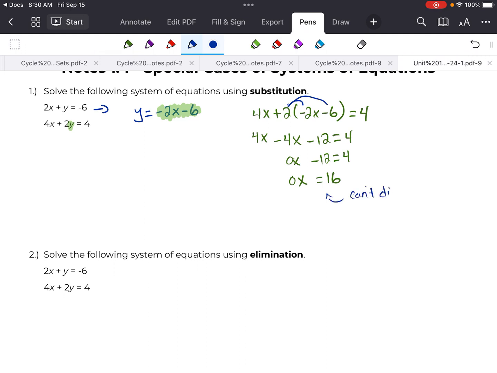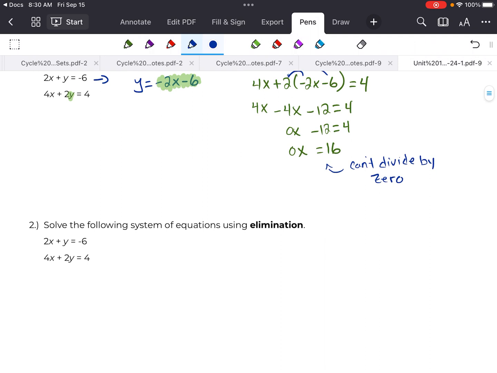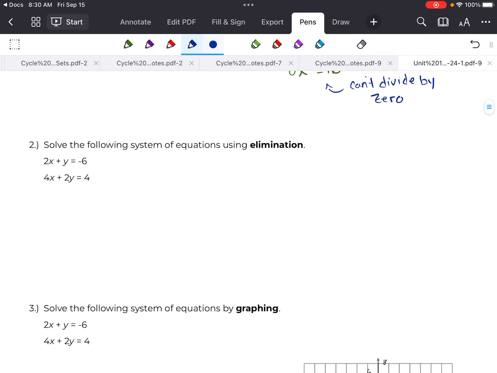Can't divide by 0. Okay, if we have the same system through elimination, we can multiply the top row by 2 because neither the x's nor our y's have the same coefficient.